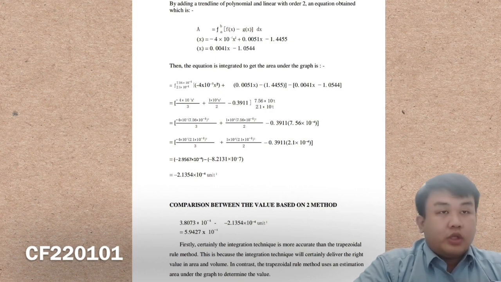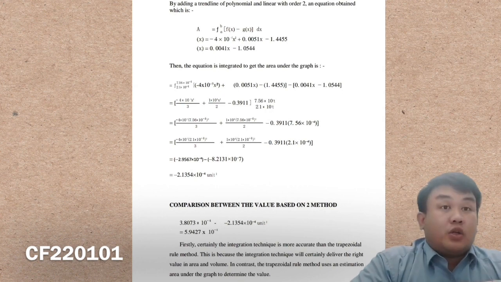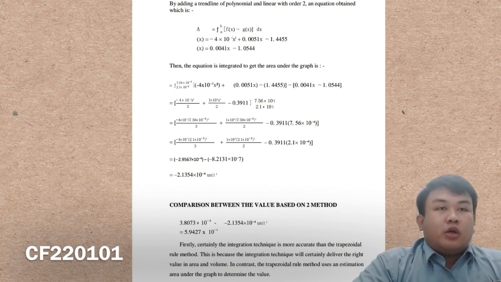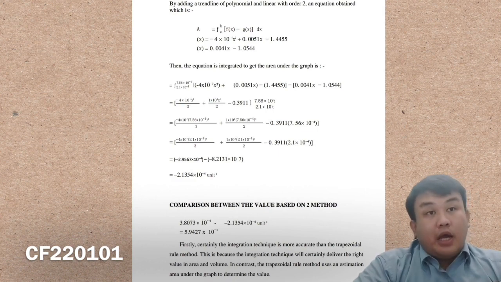In conclusion, first of all, we found the integration method more effective than the trapezoidal rule method. This is so that the integration technique can give the proper value in terms of both area and volume.